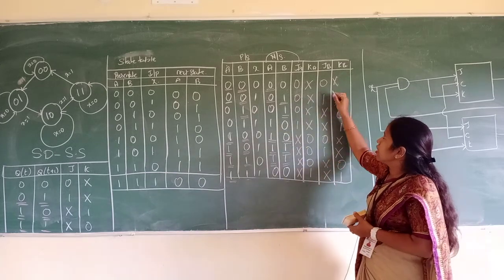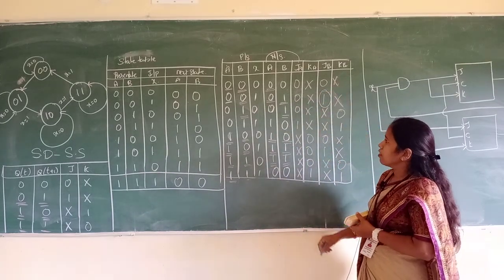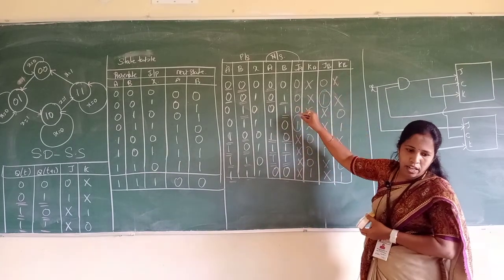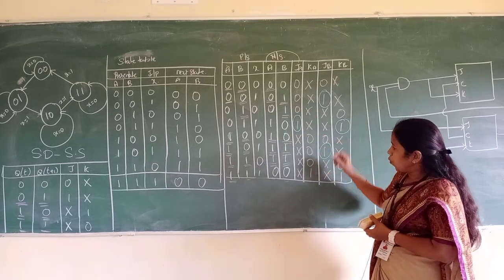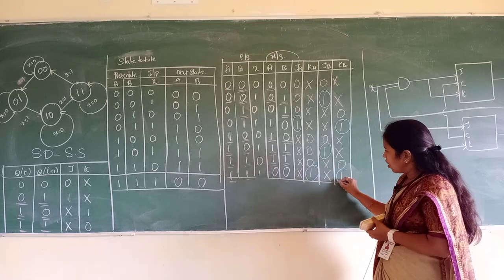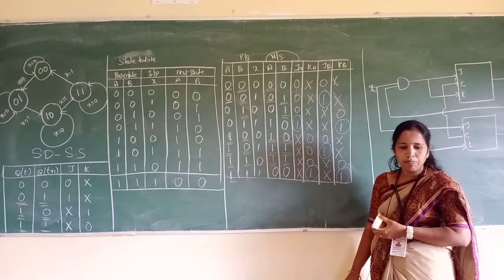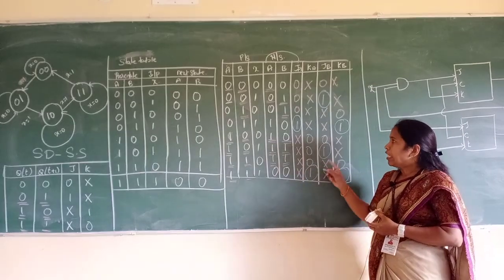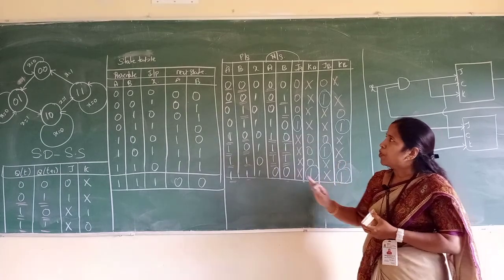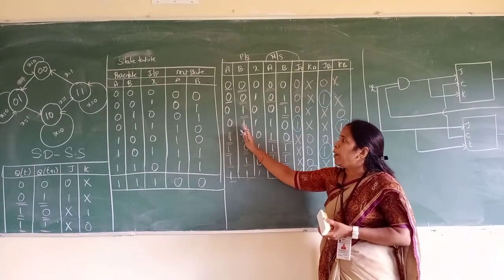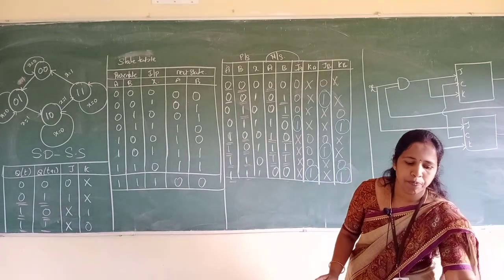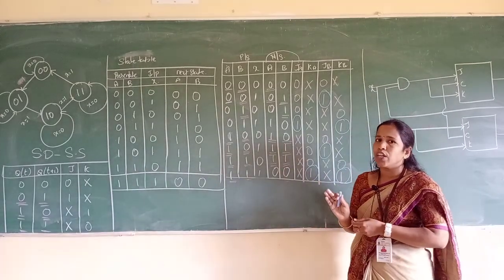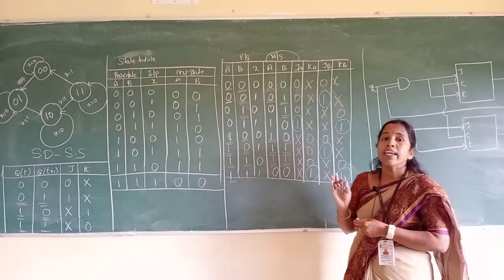Now in this case, see here 1 is there, and here 1 is there, in the same column. Here it is 1 and here it is 1 as well as here 1. So how many inputs do we have? 3 inputs, A, B, X. Wherever 1 is generated, you have to make use of the Karnaugh map.